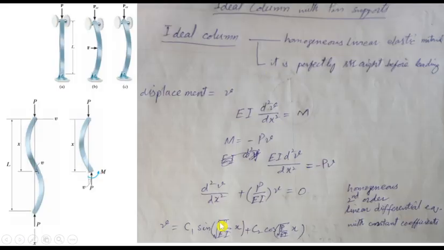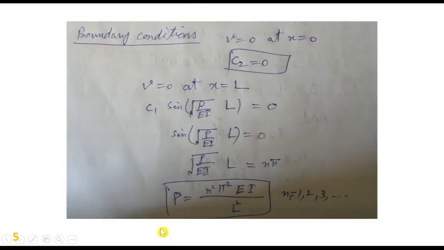When you put this in the equation, sin 0 is 0 and cos 0 becomes 1, so the overall value is c2, and it is 0, so c2 will be 0. Another boundary condition is mu equal to 0 at x equal to L.